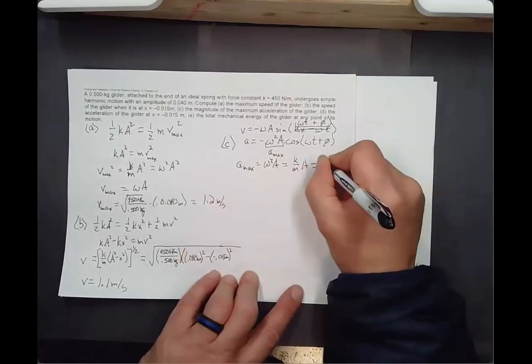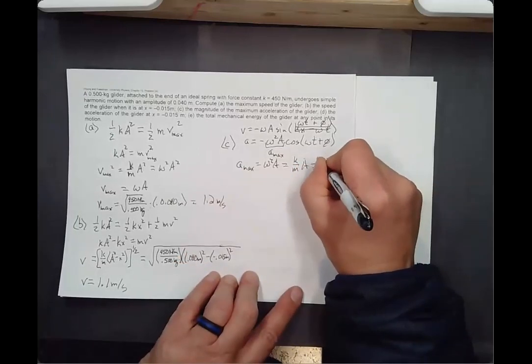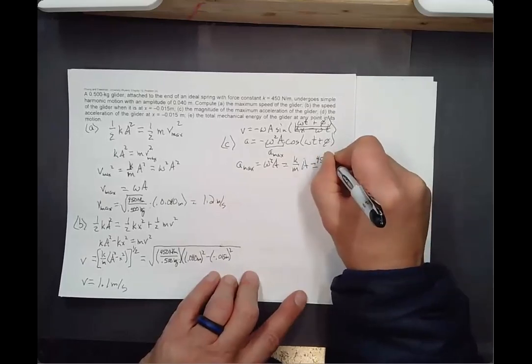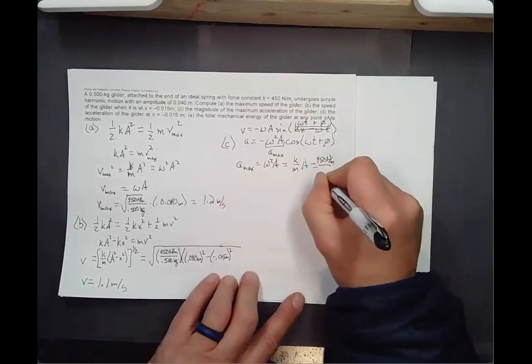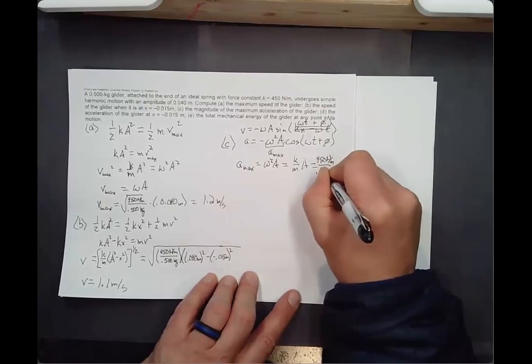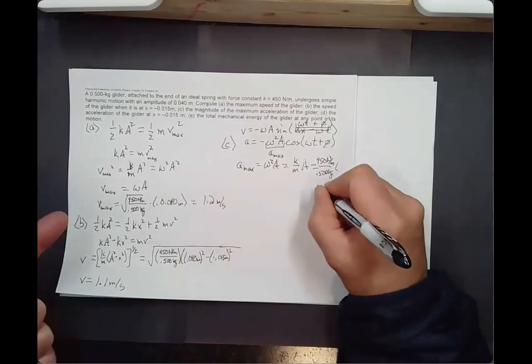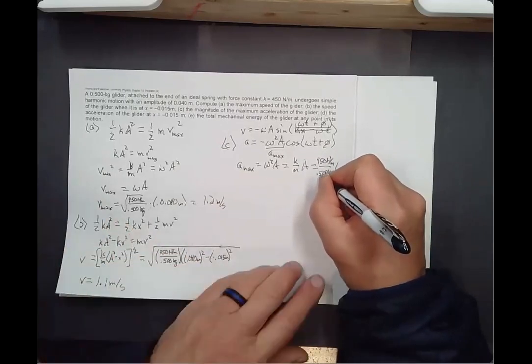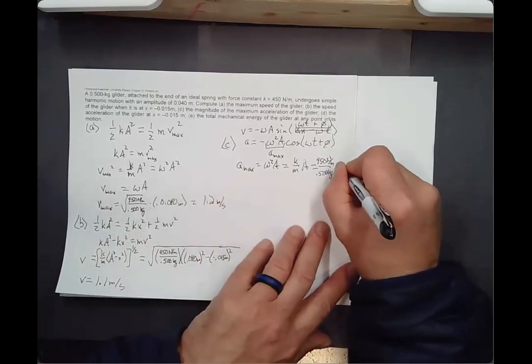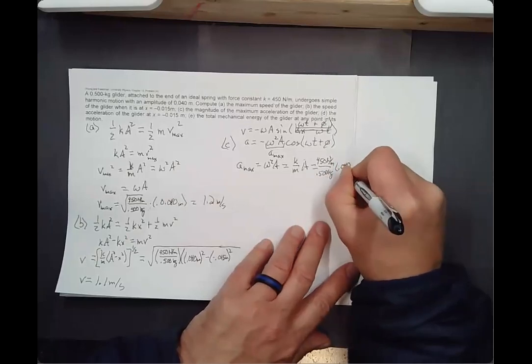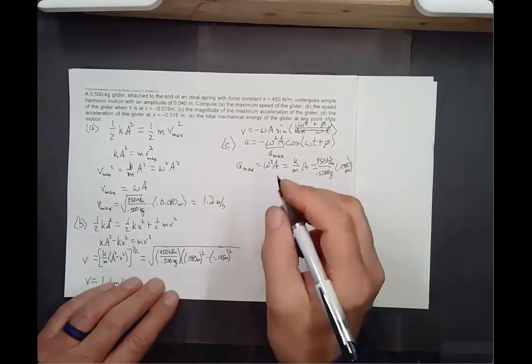So it's just going to be 450 newtons per meter divided by 0.500 kilograms times, let's see, the amplitude again was 0.040 meters. Okay.